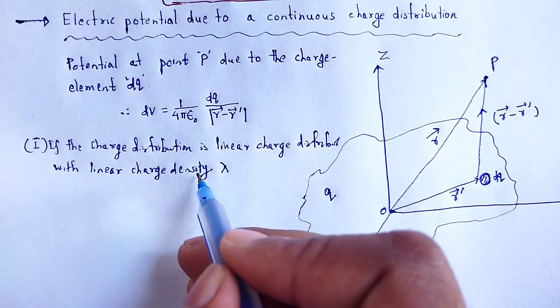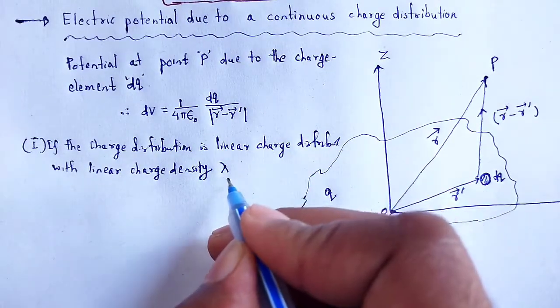Linear charge density means charge per unit length.